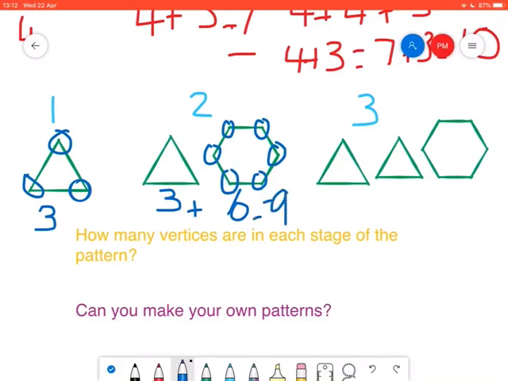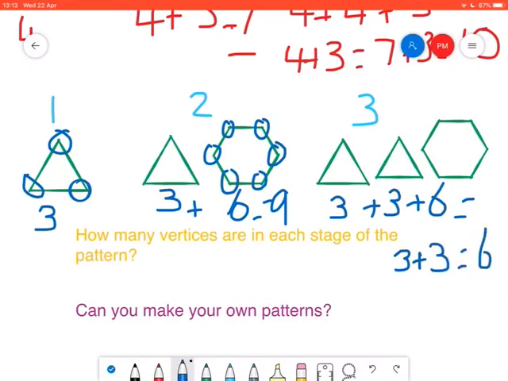So 3 plus 3 add 6. Break that down. We know 3 plus 3 is 6. And then if we just do 6 add 6, the final answer is 12. So, well done if you got that.